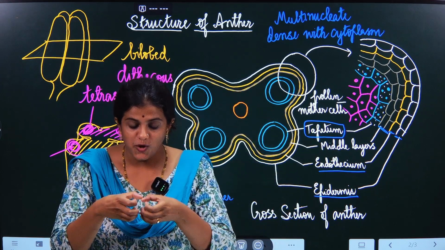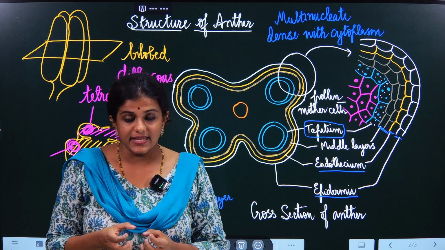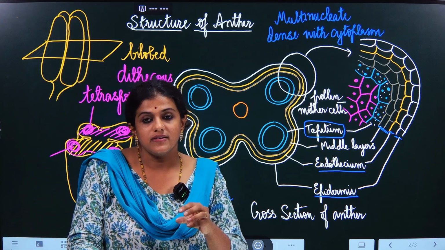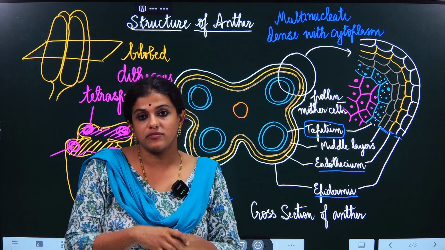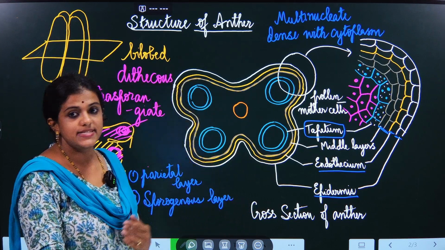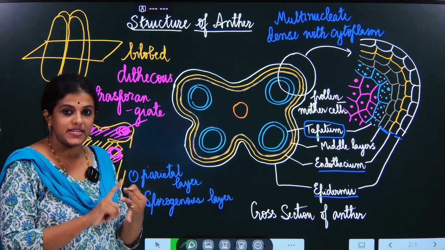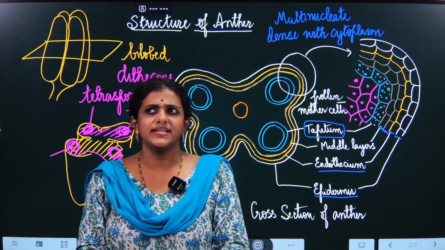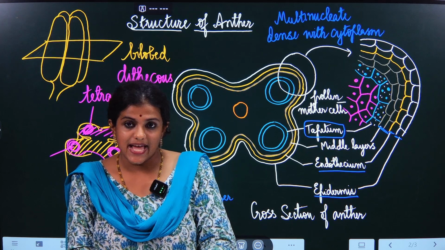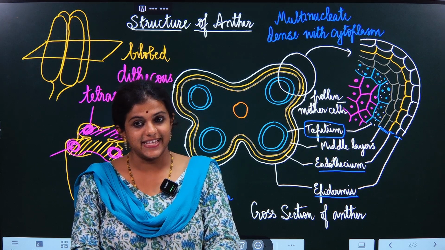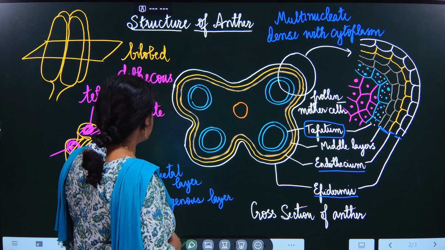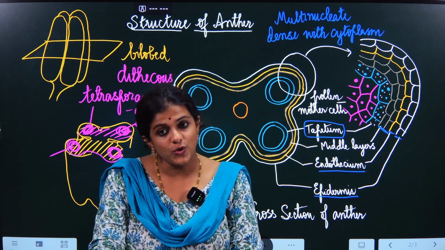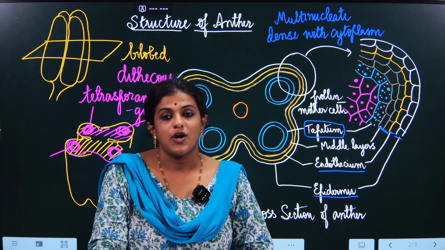So it is bilobed and each lobe has 2 theca, so we call it dithecous, and in total each anther can incorporate 4 microsporangia, so we call it a tetrasporangiate anther: bilobed, dithecous and tetrasporangiate. 99% of plants have a bilobed dithecous anther, but in hibiscus, it has a monothecous anther.